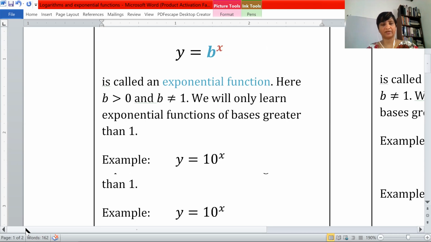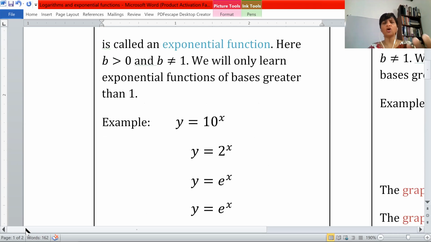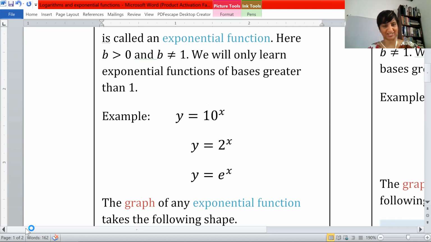So for example, here are some examples. All these are exponential functions. y equals 10 to the power of x, y equals 2 to the power of x, y equals e to the power of x. e is also a number like pi. It's an irrational number. It's a number that comes up naturally in natural growth processes, population growth processes. e comes up just like pi comes up when you talk about circles.